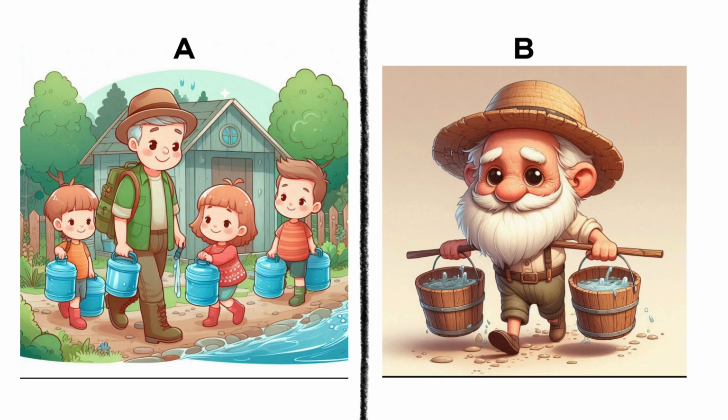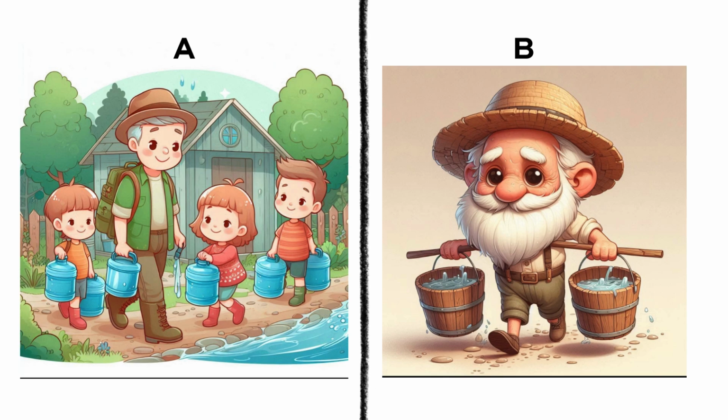So if we compare the two pictures, what will we see? In picture A, how many bottles of water do we have? Yes, we have 1, 2, 3, 4, 5, 6 bottles, as the small children help their grandpa to carry more water.